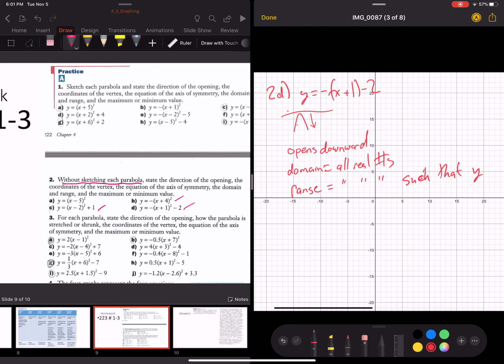Less than what number? We get that from there. Y has to be less than or equal to minus 2, because remember, this shifts it down from 0 down two values. So the vertex was here. It gets shifted down to minus 2. By the way, this 1 shifts it in that direction.